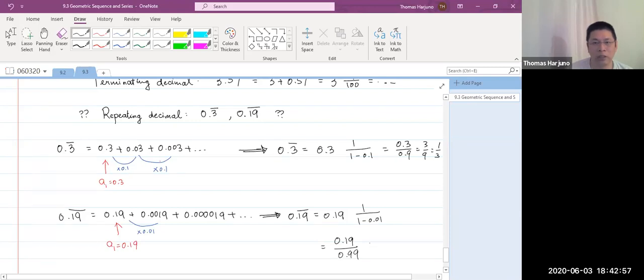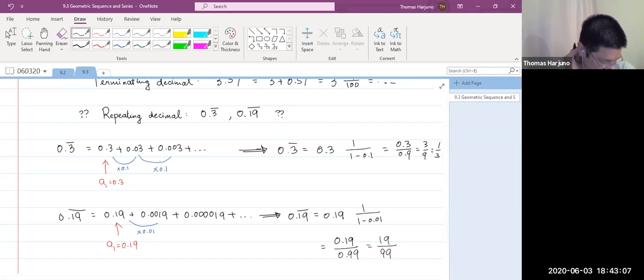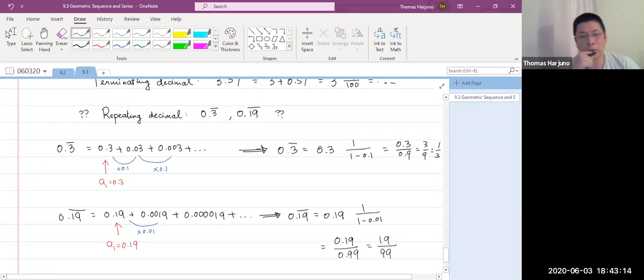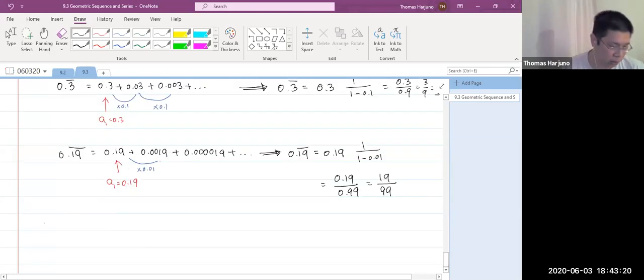I don't think you can simplify that further than just move the decimal point twice to the right. If you can reduce that, then you should reduce that. But that's the basic idea.